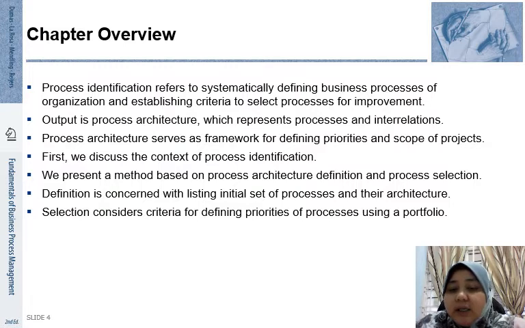So benda ni kita kena ingatlah. These are the terms that we have to know and apply later on. Definition, what is the term of definition in process identification? And selection also is a term that we use in process identification. Tapi output dia dalam bentuk portfolio.